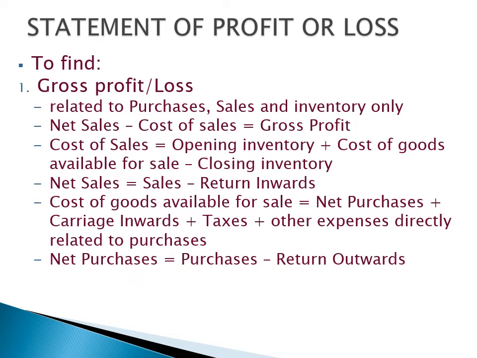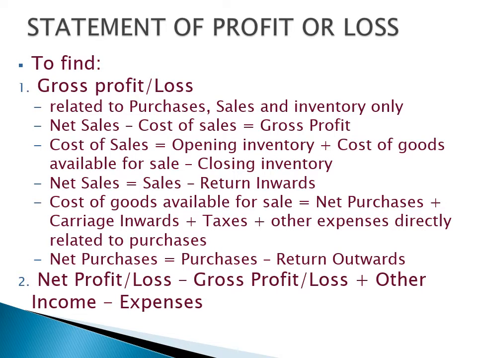And then you need to understand that net purchases come from purchases deduct return outwards or purchases return. And then all of those formulas will come to the amount of gross profit. We will look later at the format, which is more understandable.